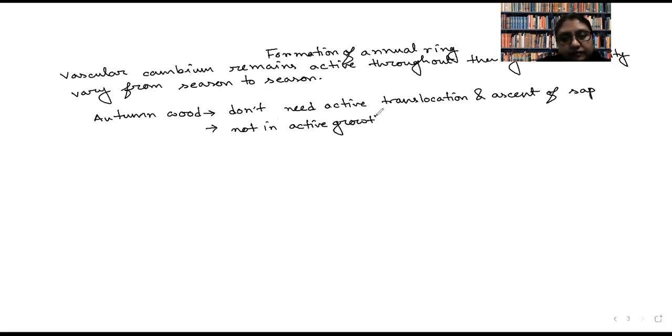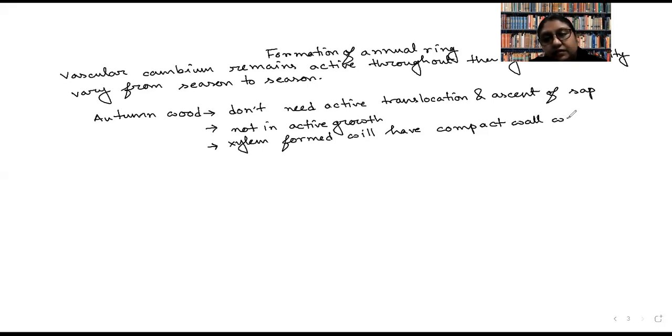So in this condition, the xylem formed during this time will have a compact wall with thick walls and a narrow lumen.